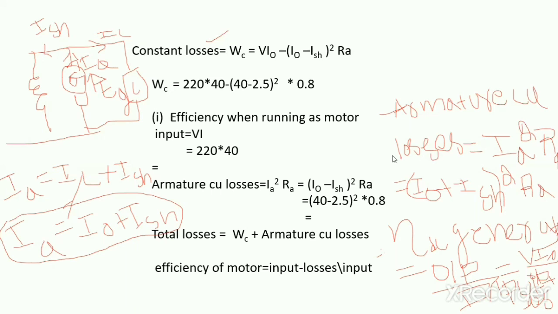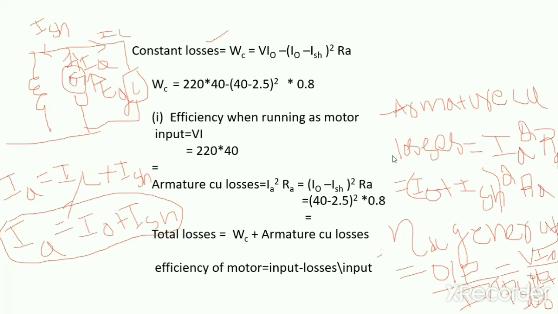What is the main advantage of using Swinburne's test for predetermination of efficiency? It consumes less power. We use this testing method for small rating motors, but it does not give accurate results compared to direct load testing.